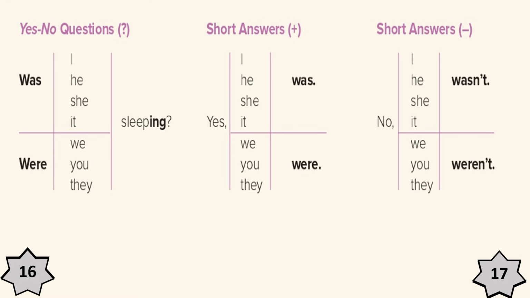To answer these questions we start with yes or no. Yes I was, yes we were. With no we say no I wasn't, no we weren't. With yes we use was, were. With no we use wasn't, weren't.